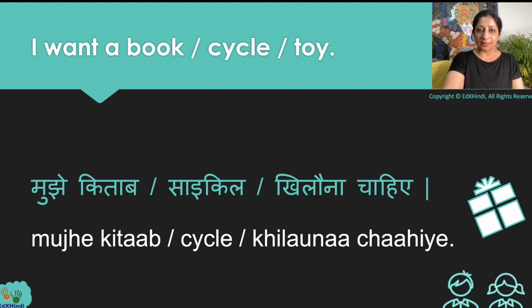If you want to say, I want a bicycle or a cycle, you can say in Hindi, मुझे साइकिल चाहिए और मुझे एक साइकिल चाहिए. If you want to say, I want a toy, in Hindi, you can say, मुझे खिलौना चाहिए. If you want to say, I want new clothes, in Hindi, you will say, मुझे नए कपड़े चाहिए.